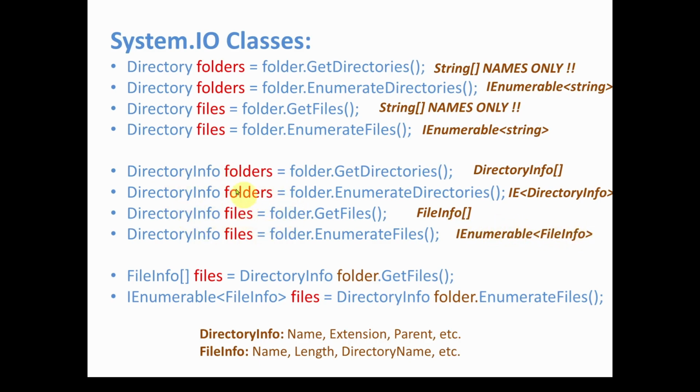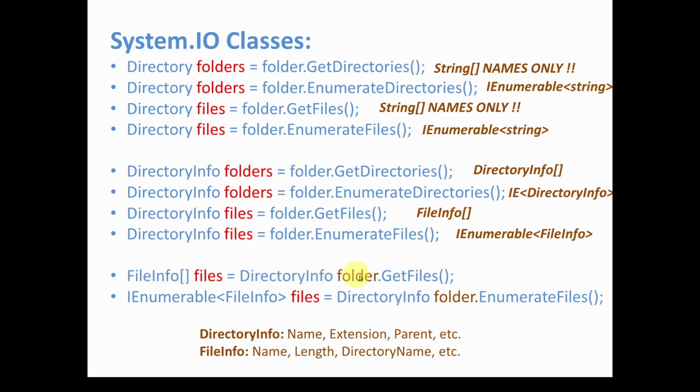It turns out we're going to focus mostly on this directory info because, again, we need not just names, we need sizes or lengths of the files, and a little bit more information. So we're going to focus on this directory info class and some of the methods. When we get these returned for a directory, we get an array or an IEnumerable of file info objects.